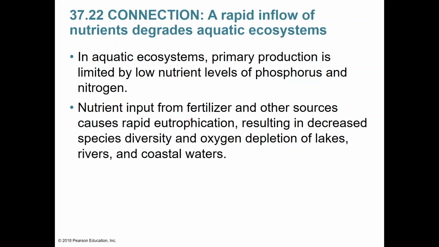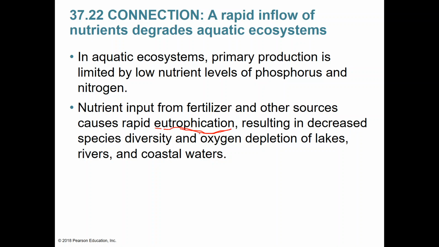In aquatic environments, primary production is naturally limited by low levels of phosphorus and nitrogen. However, there's this process called eutrophication. I'm sorry, I can't write a straight line with this pen.